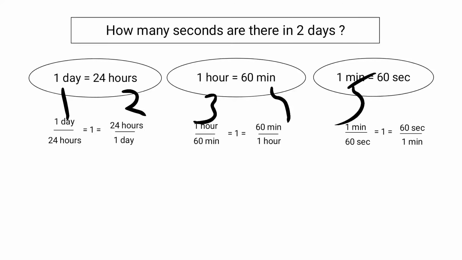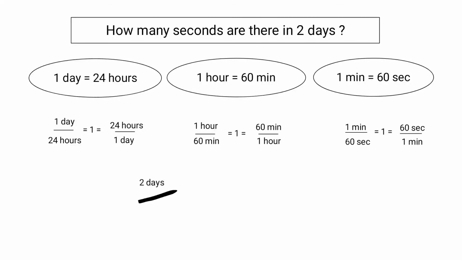In the question, they have asked us how many seconds are there in 2 days. So let us now consider 2 days, which means that we want to convert this day into second. What are we going to do? We are going to select any one unit factor out of 6 in such a way that the unit factor possesses day in the denominator.